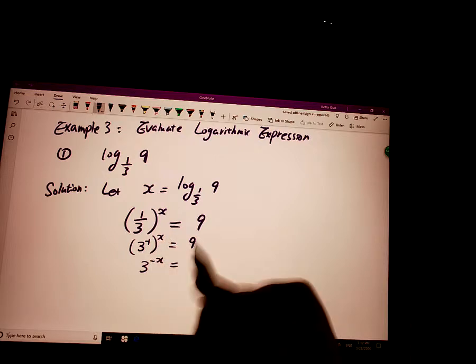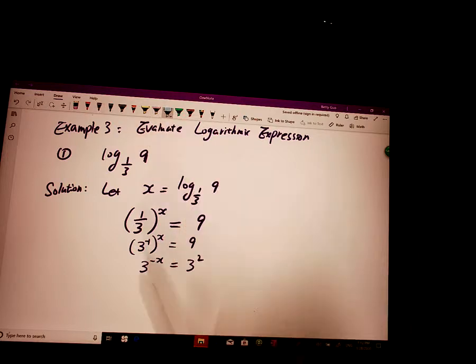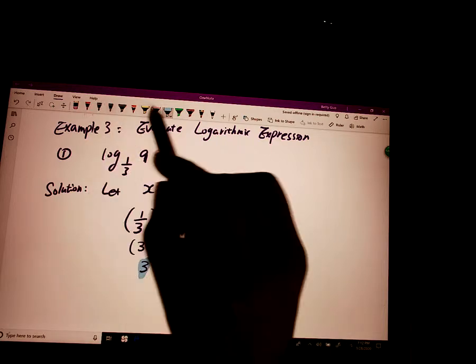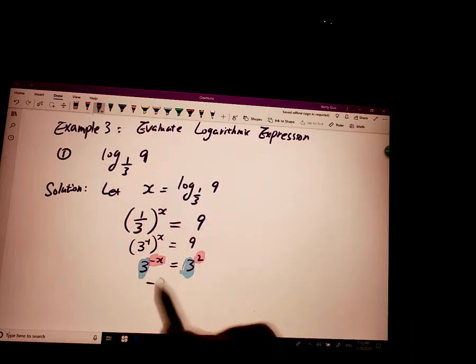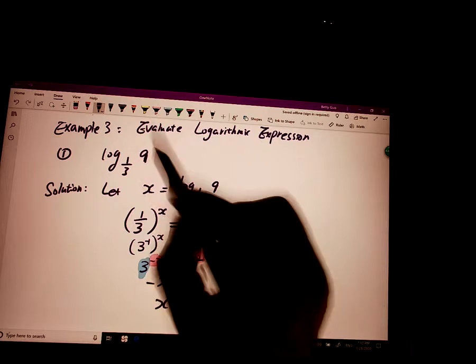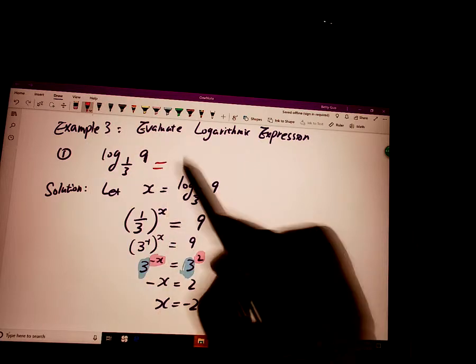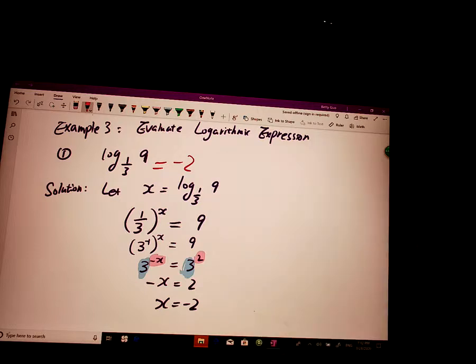On the right, I rewrite 9 as 3 to the power of 2. Do you guys remember this? We have this covered in the previous video. They have the same base, then they should have the same exponent. So we have negative x equals 2. That gives us x equals negative 2. So that means the original expression is negative 2. Does that make sense? Number 2.